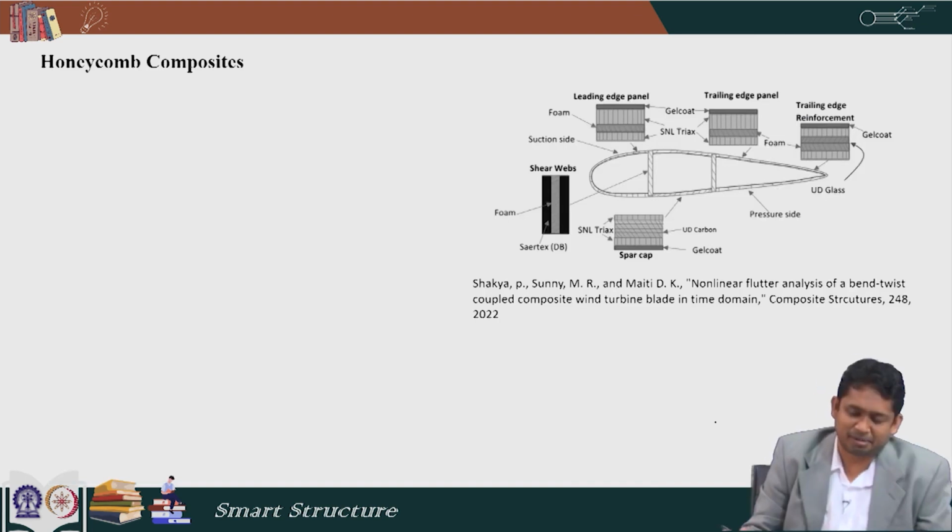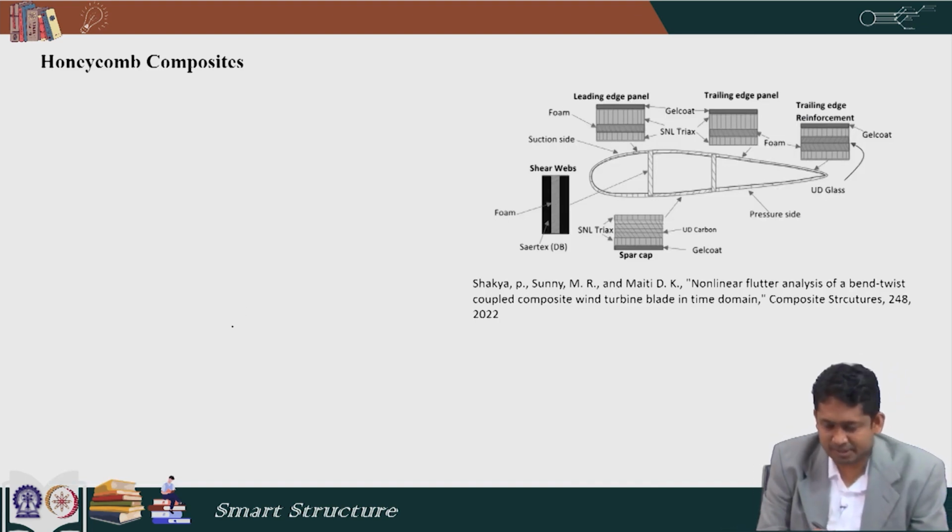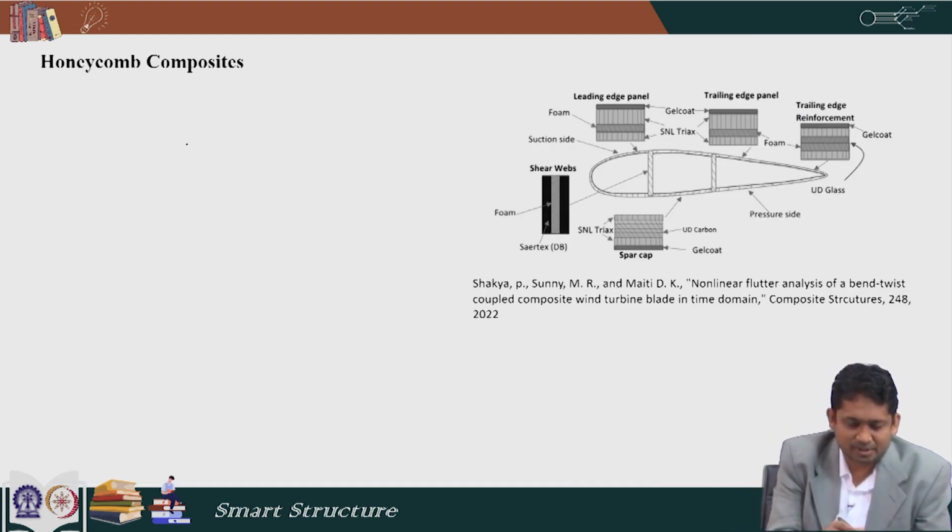Now, let us spend some time talking about honeycomb composites. In a honeycomb composite there are two face sheets. The face sheets can be a fiber reinforced composite laminate, and at the core there is some core material.